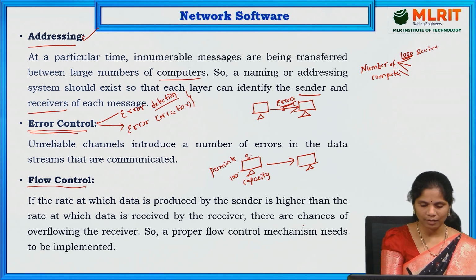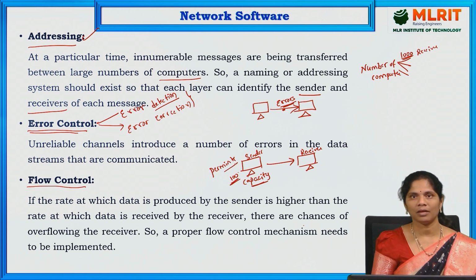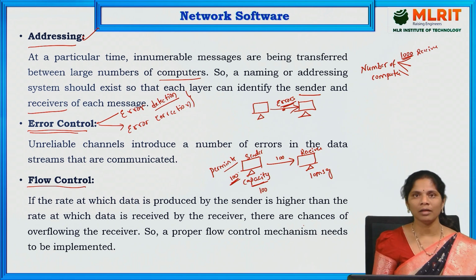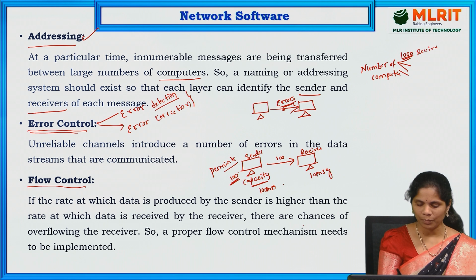This is the sender, and this is the receiver. Suppose the capacity of the sender is to send 100 messages per minute. But the receiver can receive only 10 messages per minute. Per minute the sender sends 100 messages to the receiver, and the next minute it again sends 100 messages. But the capacity of the receiver is only 10 messages, so there may be a chance of data loss also.